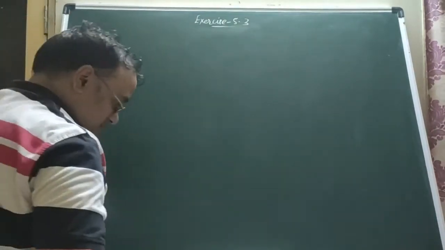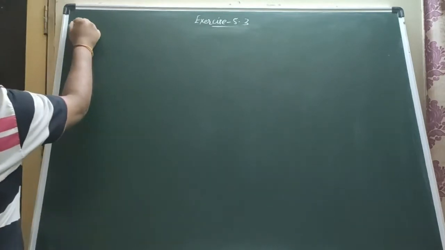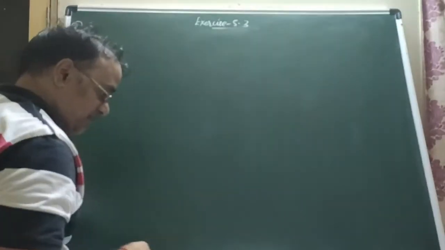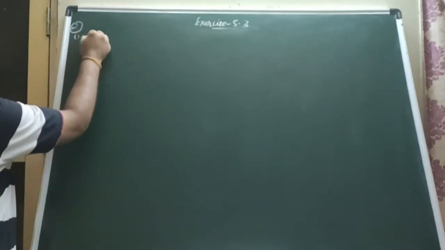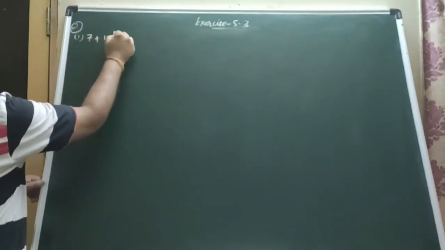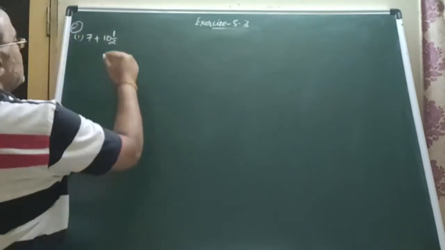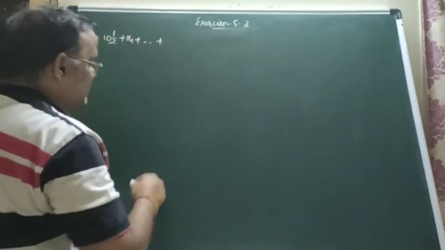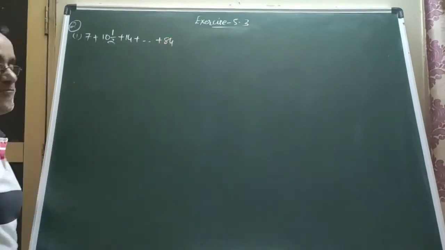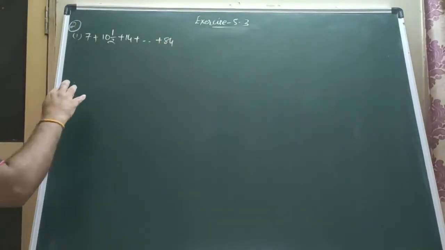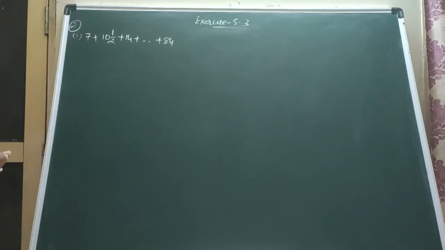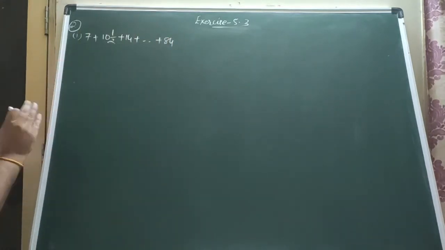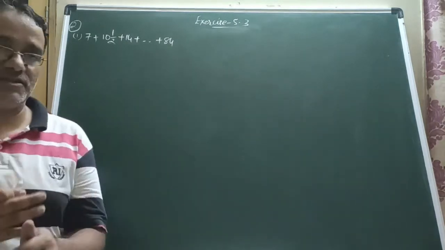Okay. Now second question, first bit. Seven plus 10 half plus 14 plus so on. The last term is 84. Now see, the first term we can find from this series, and the last term is already given, but the value of n is not given.